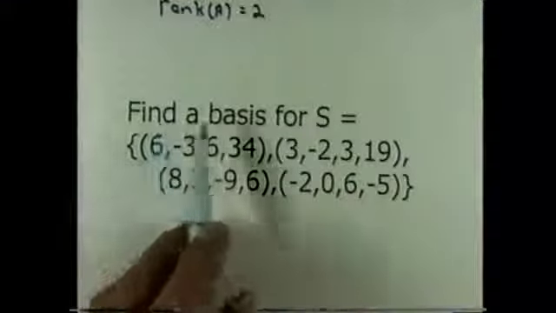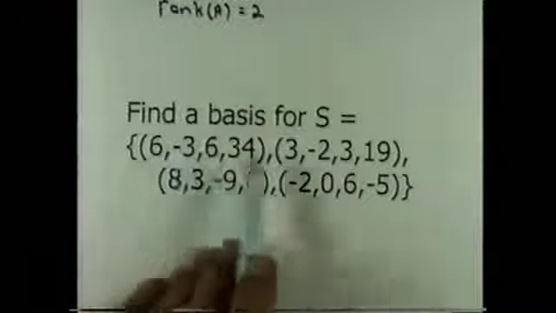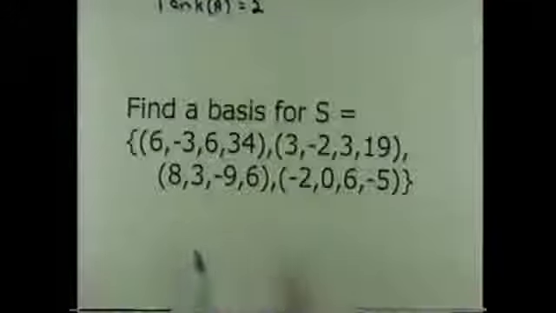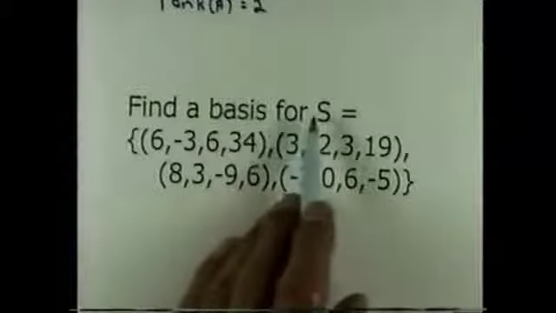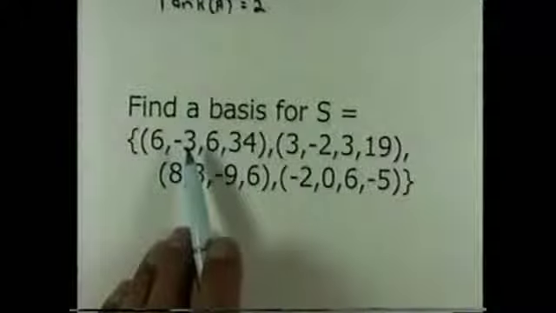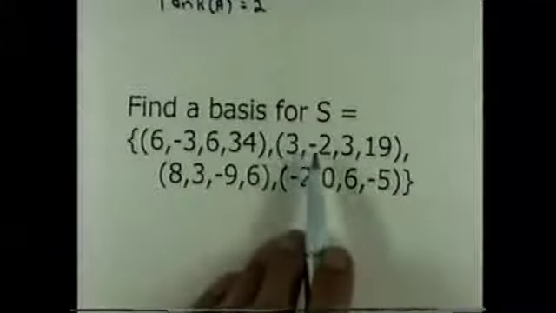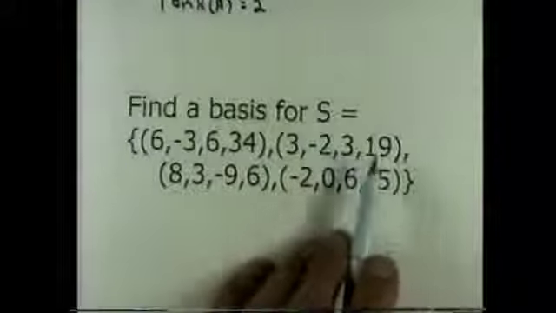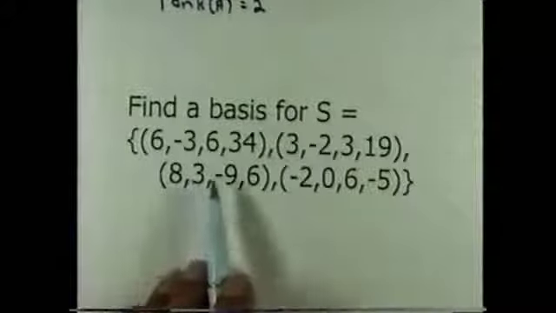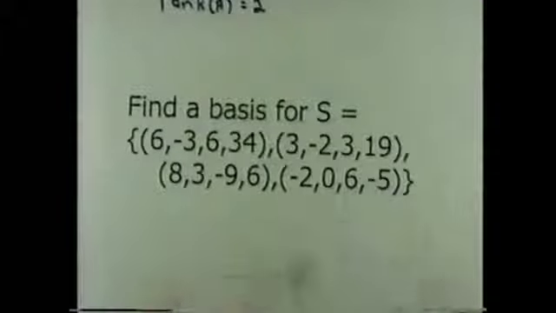We can use today's work to find the basis for a set written in vector form. So let's find the basis for the set of vectors S equal to 6, -3, 6, 34, 3, -2, 3, 19, 8, 3, -9, 6, -2, 0, 6, -5.